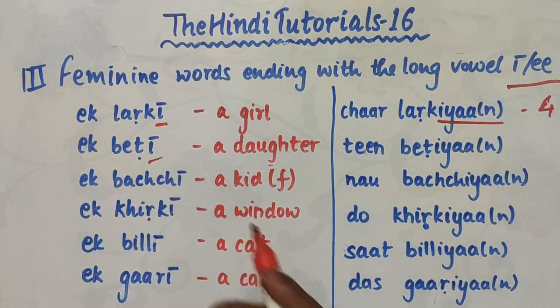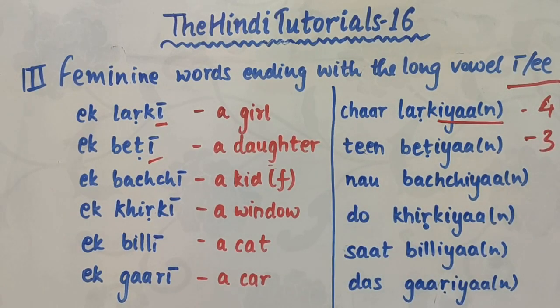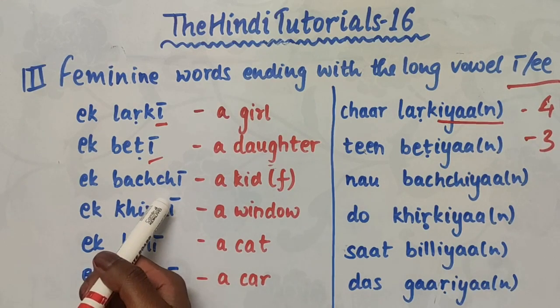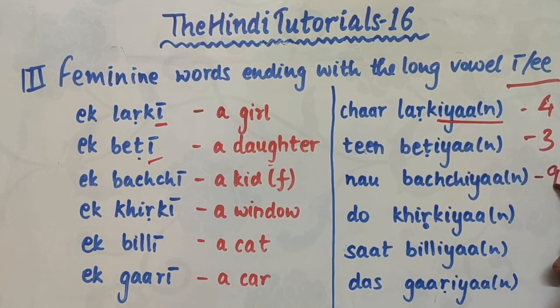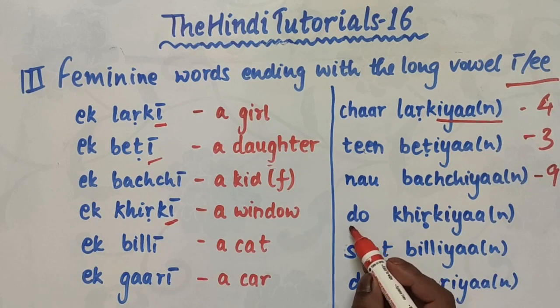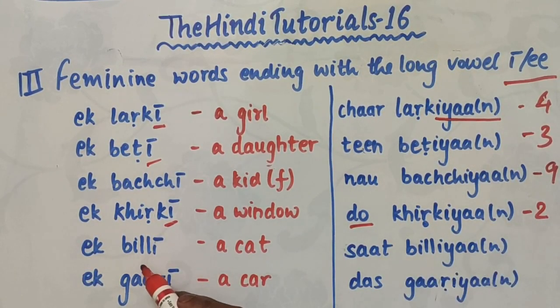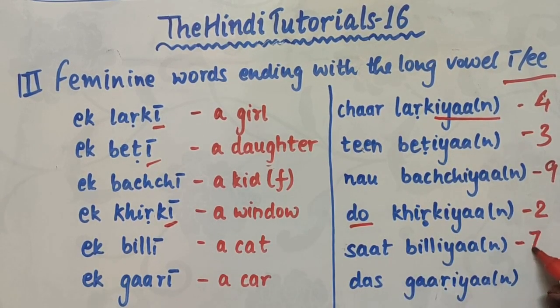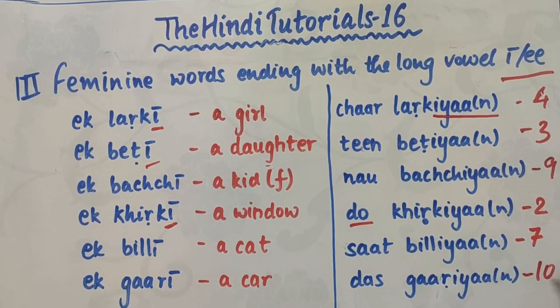Ek beti, a daughter. Teen betiyan, 3 daughters. Ek bachchi, a kid. 9 bachchiyan, 9 kids. Ek khidki, a window. 2 khidkiyan, 2 windows. Ek billi, a cat. 7 billiyan, 7 cats. Ek gadi, a car. 10 gadiyan, 10 cars.